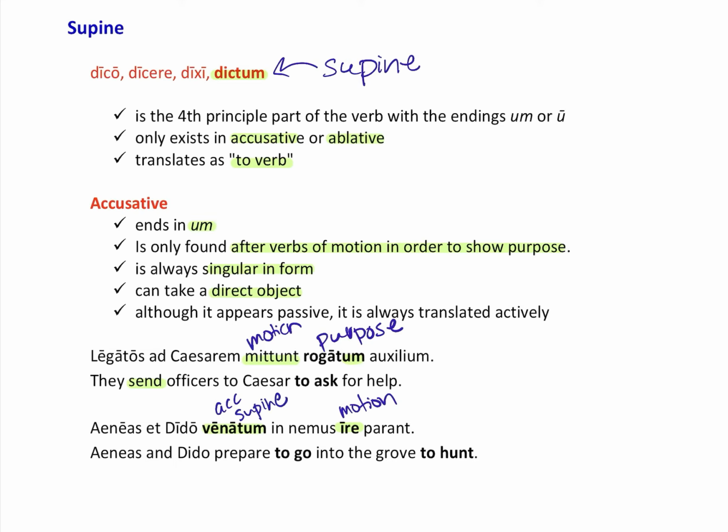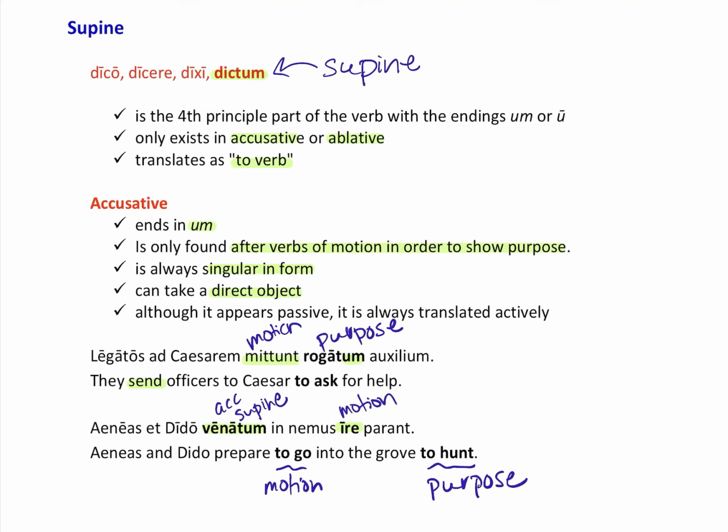And so Aeneas and Dido prepare to go into the grove to hunt. So here we have "to go," this is the motion, and this is the purpose. Okay, pretty simple. That is it in the accusative form.